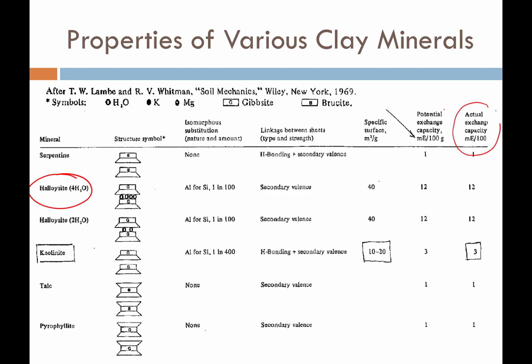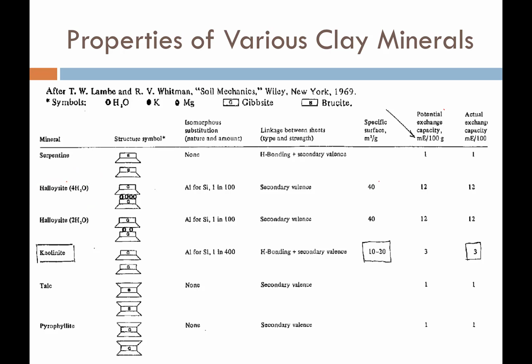This value on the right represents what we tend to see with actual minerals that are available in the real world. Okay? So you can see with a lot of these, at least on this table, those values are the same. The worst case scenario is what we tend to see with the minerals that are available in nature.